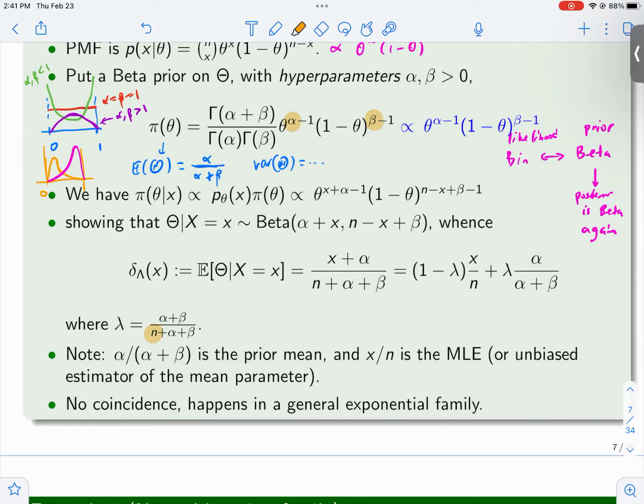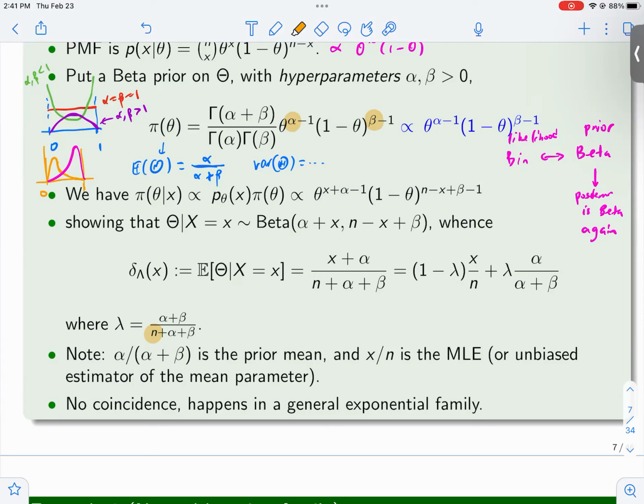As you get more and more samples, lambda starts to move towards 0. So the weight of this gets smaller, the weight of this gets bigger, until in the end, asymptotically, it converges to the maximum likelihood, or gets close to it. It's not going to be exactly maximum likelihood for any finite sample.